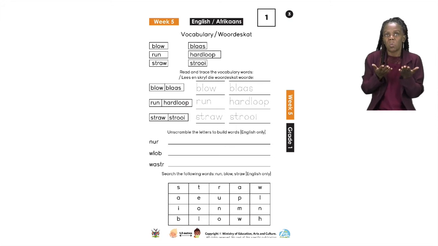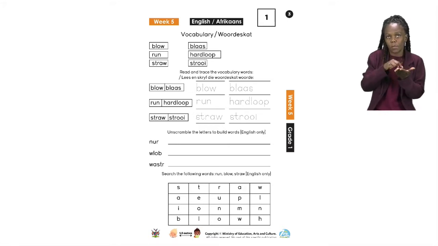Run is the action when we move really fast, going from one place to another. And straw is the straw that we use when we are drinking a milkshake or some juice, or the straw that is used to build a hut. A hut is a type of house. So these are our words for this week.